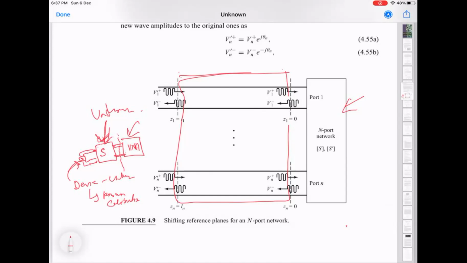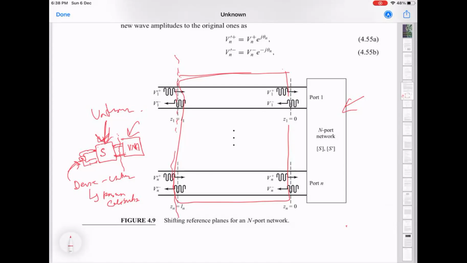By doing this with a sufficient number of these known two-port networks, it will do a calculation, and when the calibration is turned on, it's essentially like the reference plane has now moved up to this point. So it will automatically take into account this unknown S matrix, remove it, and show you the calculated S matrix of the device you have connected.